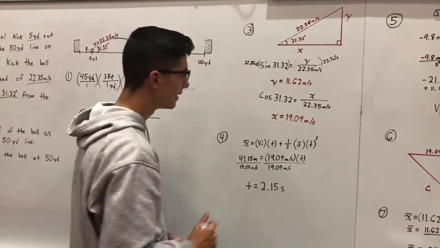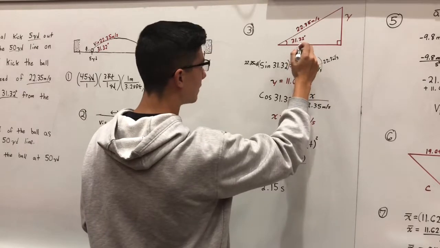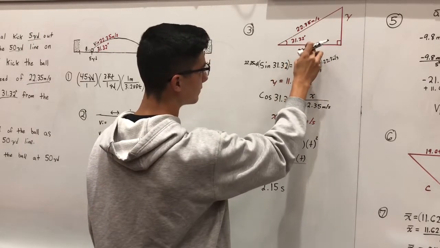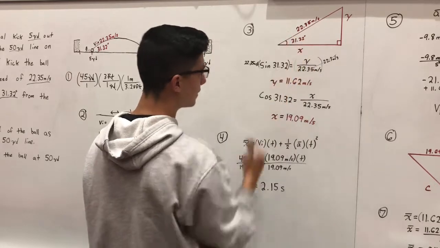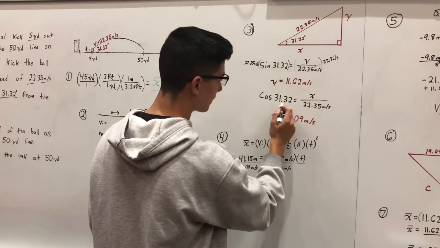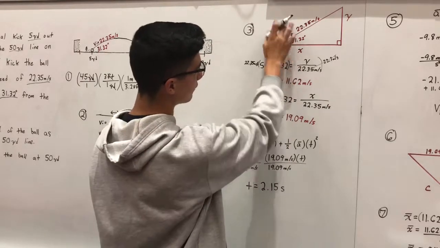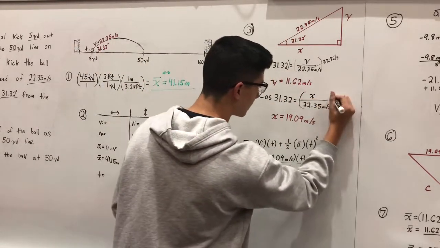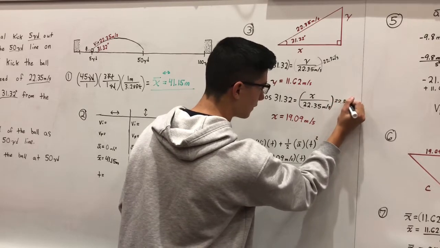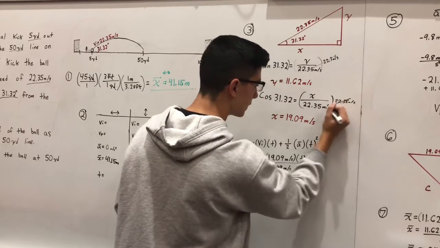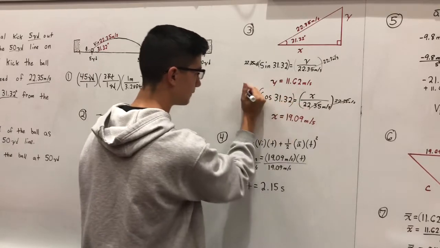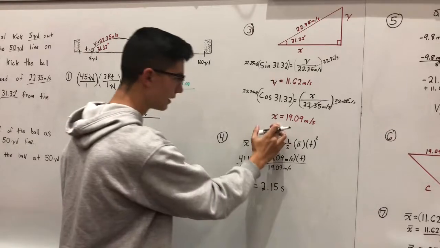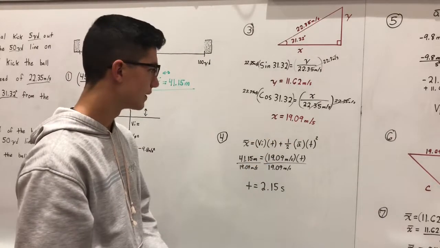And then same thing, but now since you're trying to find the horizontal, you're going to use a cosine, because cosine is adjacent over hypotenuse. So the cosine of 31.32 degrees is x over hypotenuse, which is 22.35 meters a second. Same thing, multiply by 22.35 meters a second to get rid of that, and you'll get x equals 19.09 meters a second.